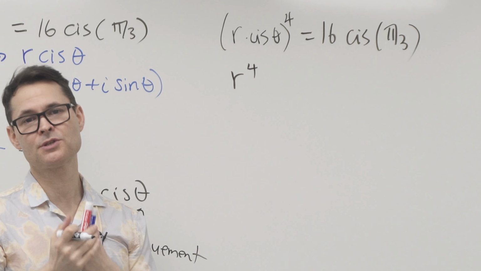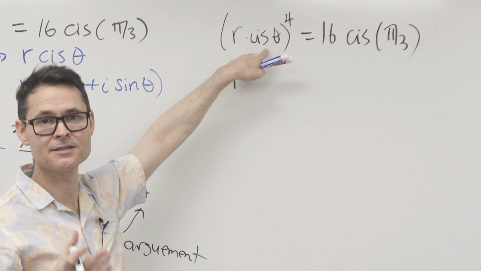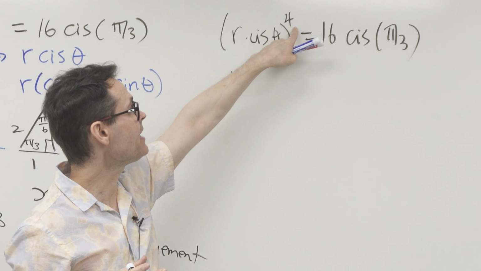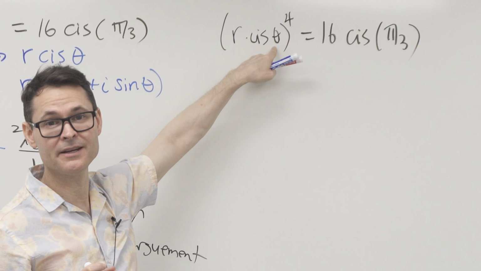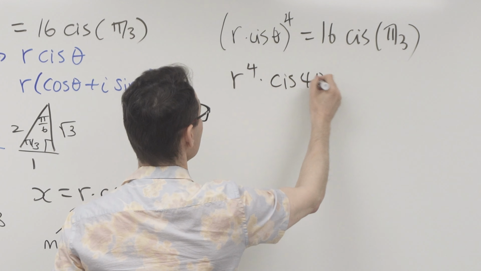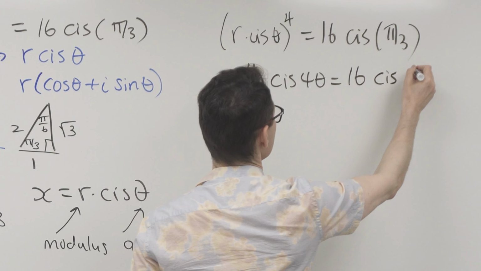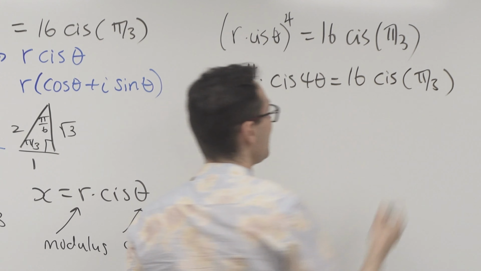This is where we use De Moivre. De Moivre tells us that when you have a power on cis, you can write it as a coefficient on the theta. So watch how I write this: r to the 4 times cis 4 theta. The other side is 16 cis pi over 3.